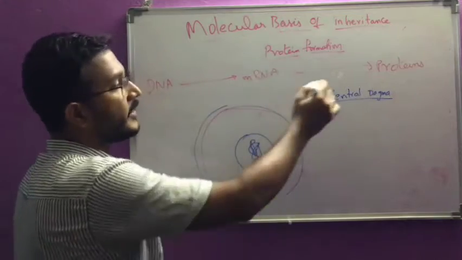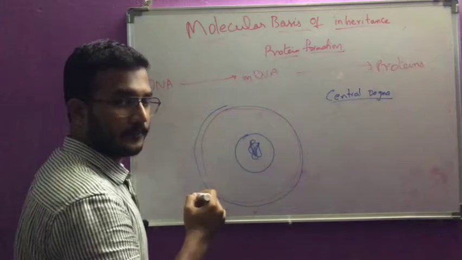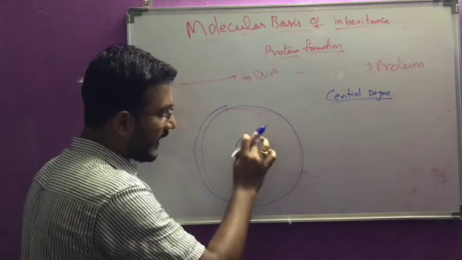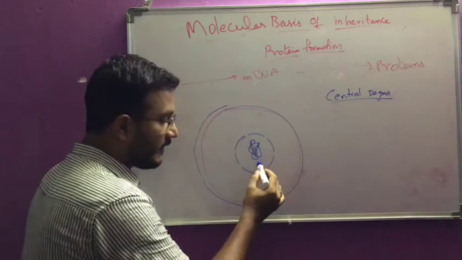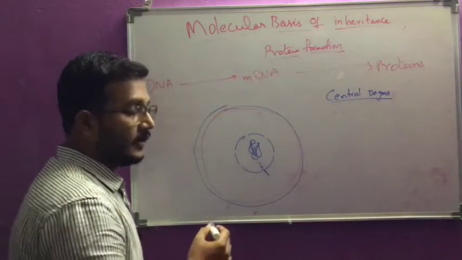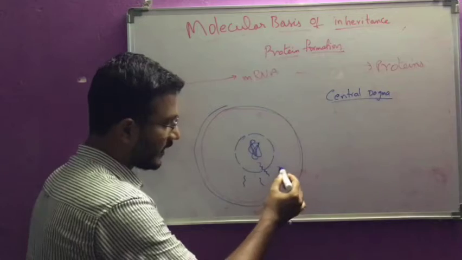From DNA, proteins will not be formed directly. First of all, this is the DNA. This nuclear membrane has pores. DNA will form some messengers, and they will send those messengers into the cytoplasm. These are the different messengers.